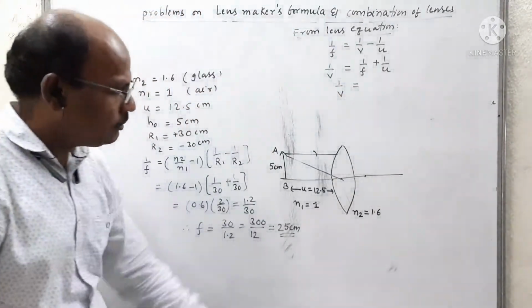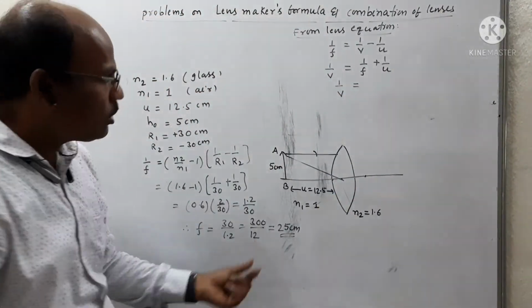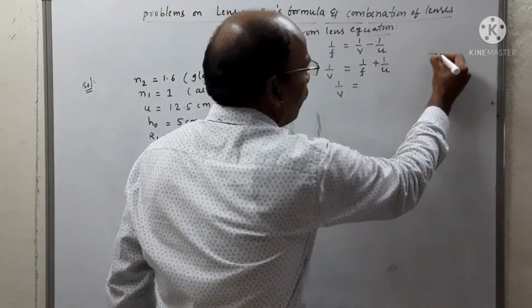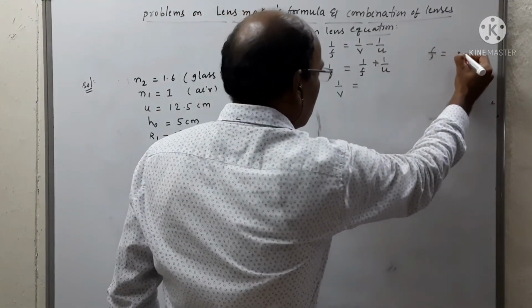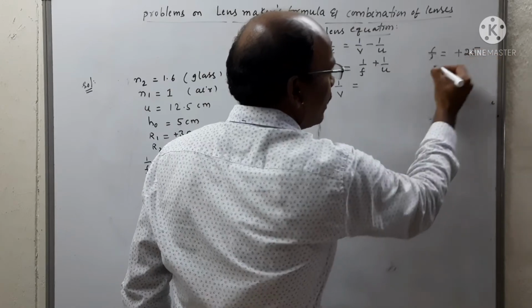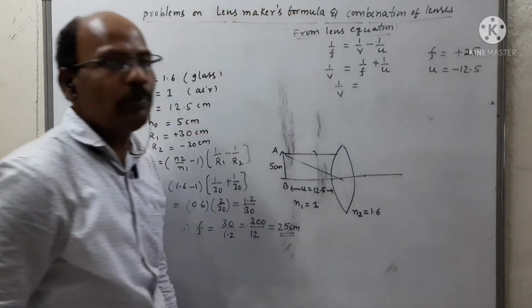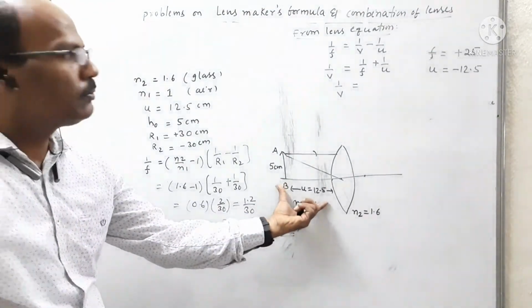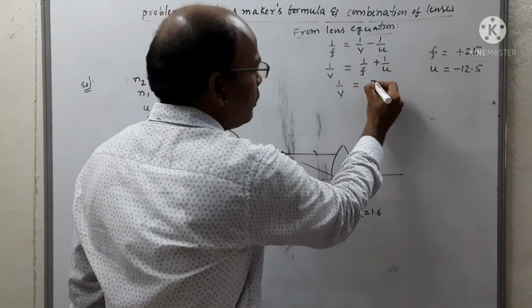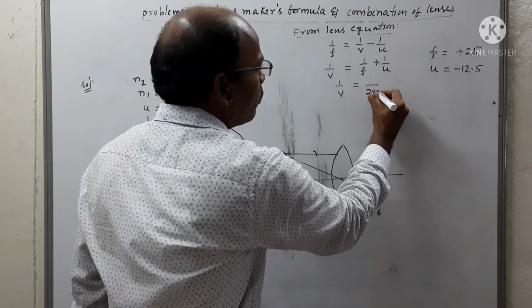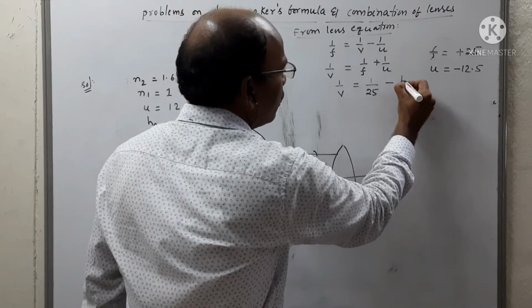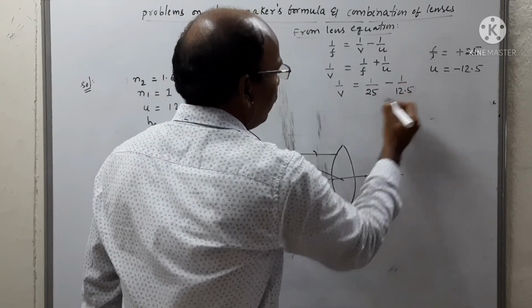Apply the sign convention. This is a convex lens, so f is positive, f is equal to plus 25 by applying sign convention. u is equal to minus 12.5. Then we can write 1 by v is equal to 1 by 25 minus 1 by 12.5.